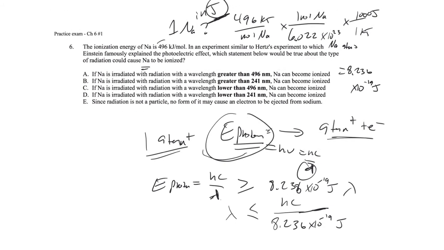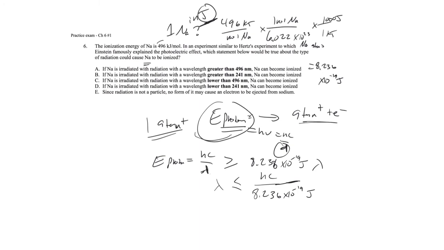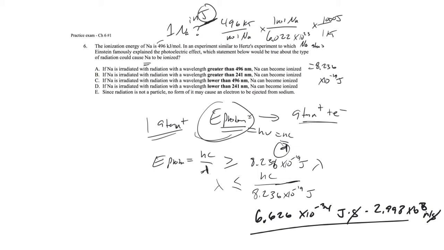And so then if I do this math here, I take 6.626 times 10 to the minus 34 joules times seconds times 2.998 times 10 to the 8 meters per second. There goes the per seconds canceling with the seconds, and joules times seconds. Divide by 8.236 times 10 to the minus 19 joules. There goes the joules. I get my wavelength here in units of meters.